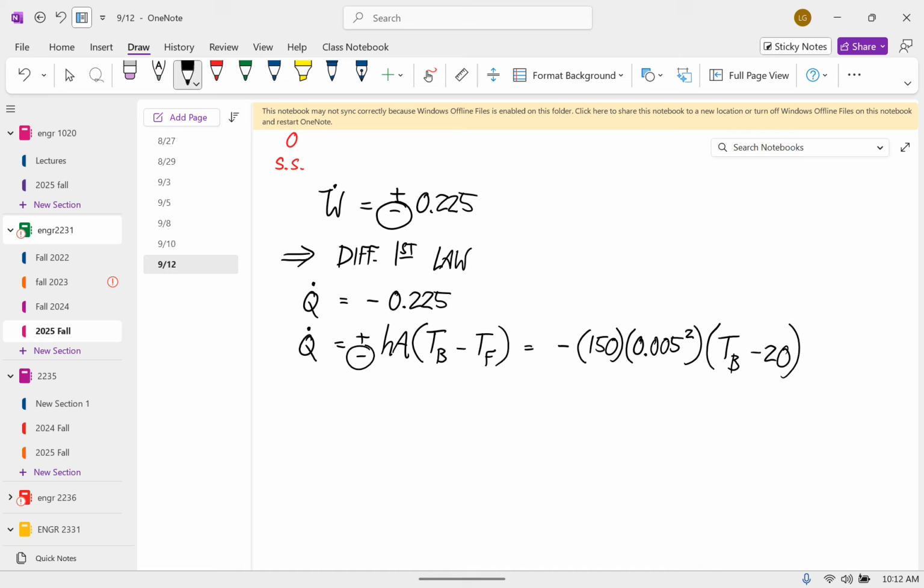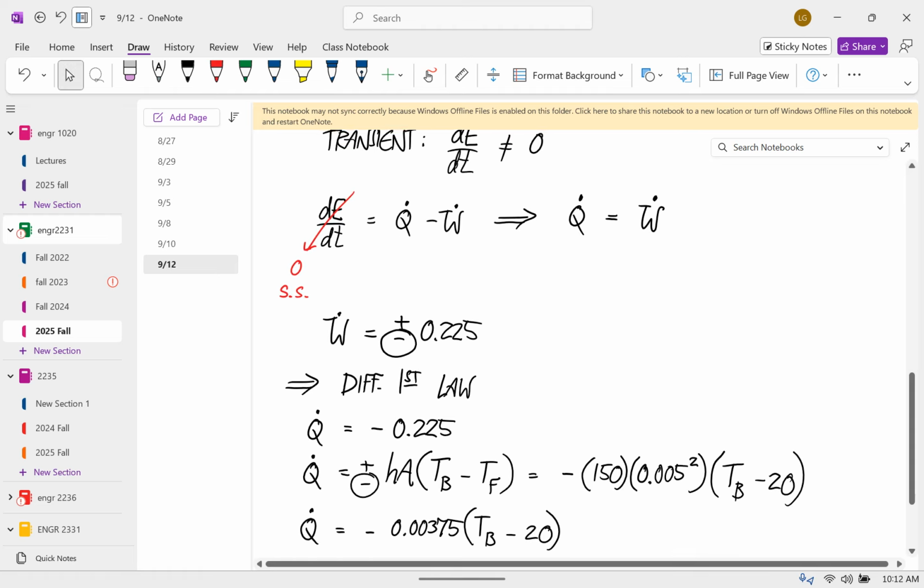Okay, so we got 150 times 0.005 squared, and so Q dot is equal to negative 0.00375 times TB minus 20.